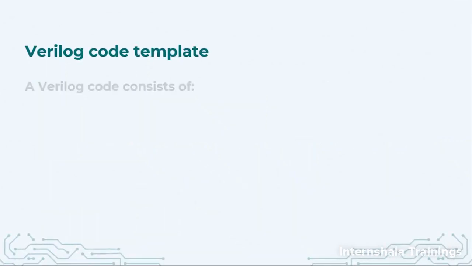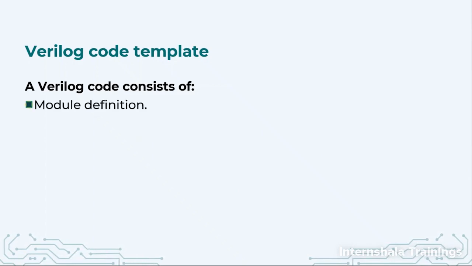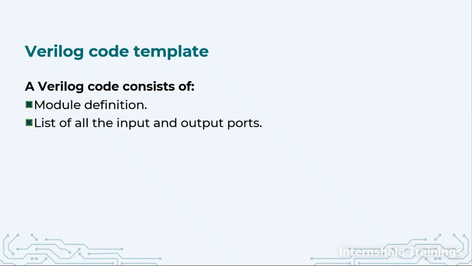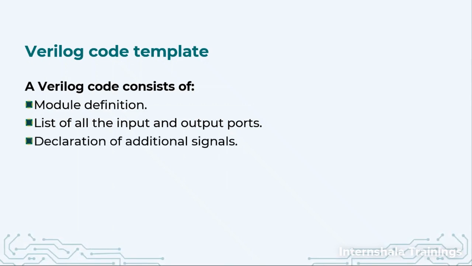Let us look at the template. As we said, the code consists of, first, the module definition. It will be the name, like I want to make a full adder or I want to make a vending machine. Then we will list all the input and output ports. What are ports? We will discuss that in detail.